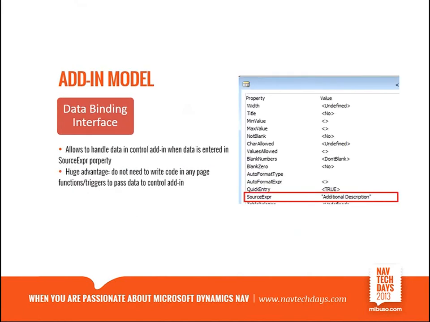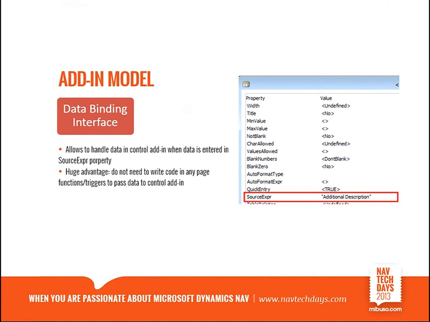Then we have data binding. This is a feature that an add-in can use inside of a page of NAV. For those who do not know how to add an add-in inside of a page, there's a specific property inside of each page field called control add-in.